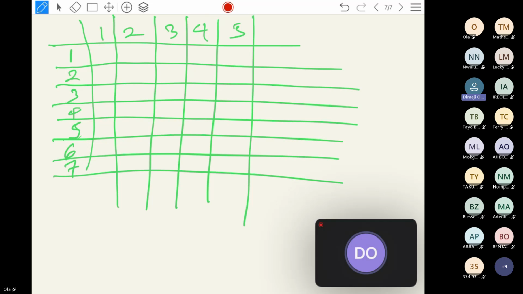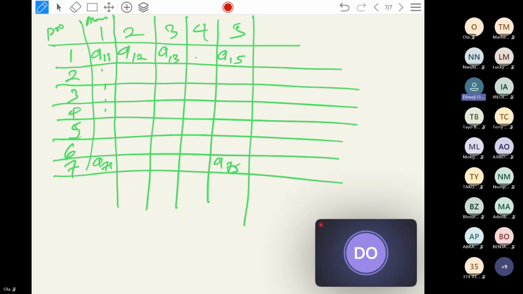So here stands for A11, here stands for A12, A13, A15, A71, and A75.